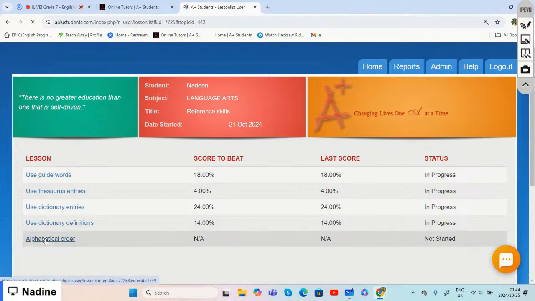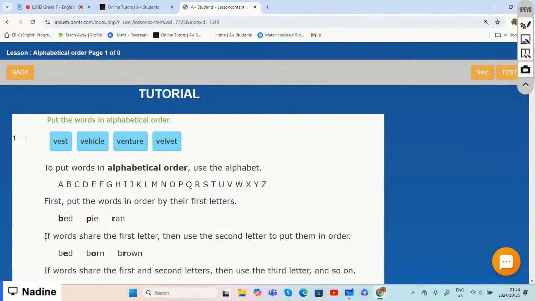So now, when it comes to dictionary or reference skills, the words need to be in alphabetical order. As much as we were looking at the different words, the meanings, and how to pronounce the words, when you look at a dictionary and you're looking for a specific word, the dictionary entry or the word is in alphabetical order.